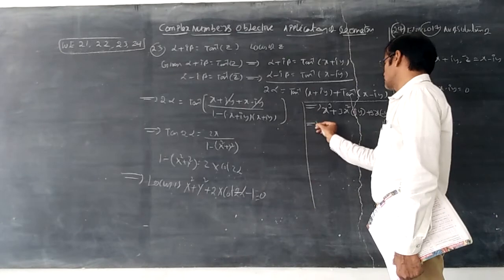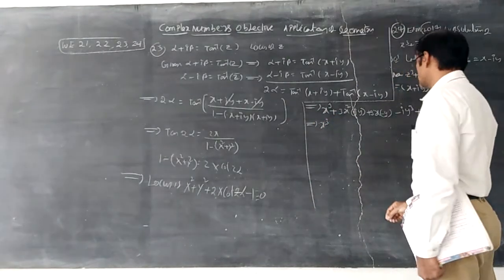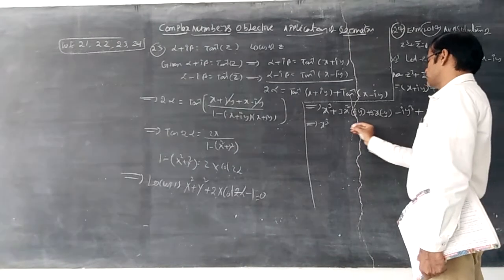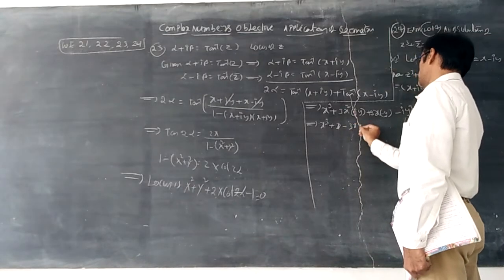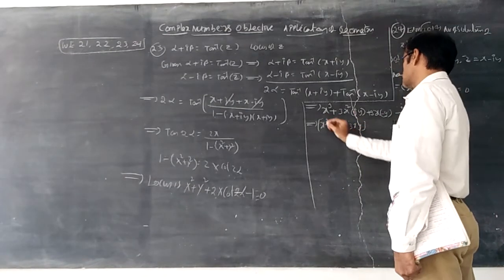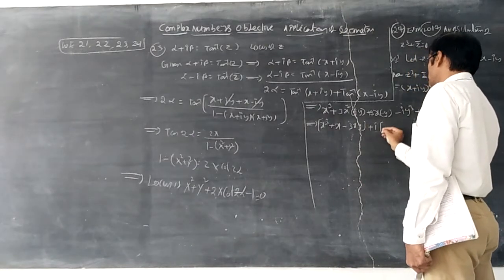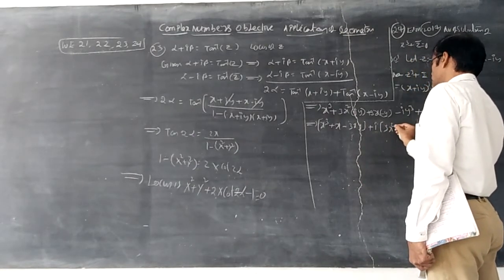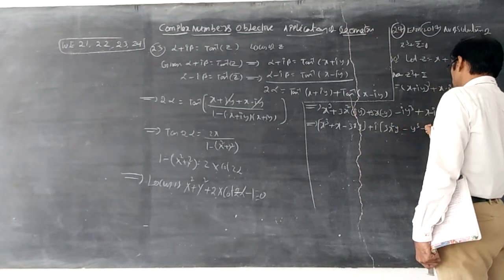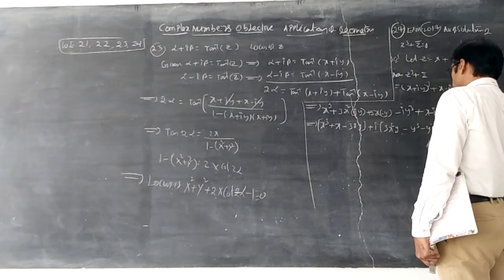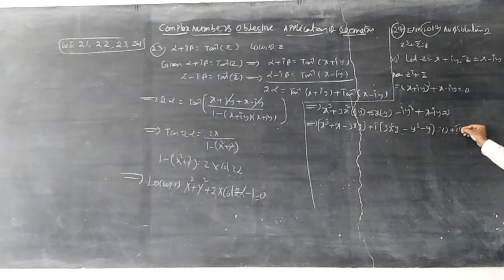That implies, first of all, the real parts: x cube plus x minus 3xy square, plus i times (3x square y minus y cube minus y) equal to 0, which is 0 plus i into 0.